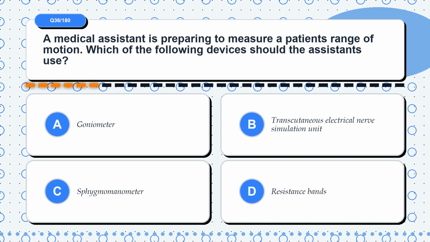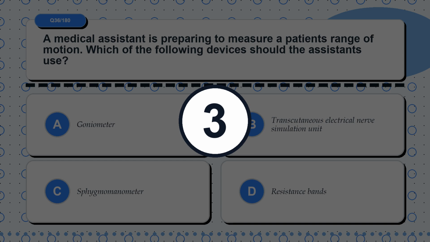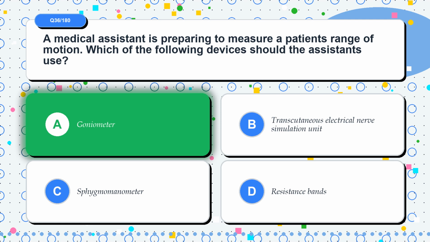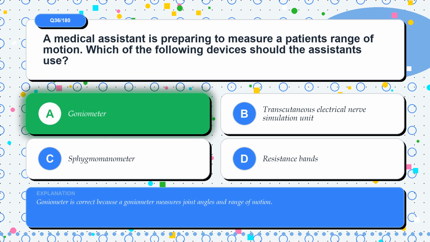Option C, Sphygmomanometer. Option D, Resistance bands. The correct answer is option A. Goniometer. Goniometer is correct because a goniometer measures joint angles and range of motion.